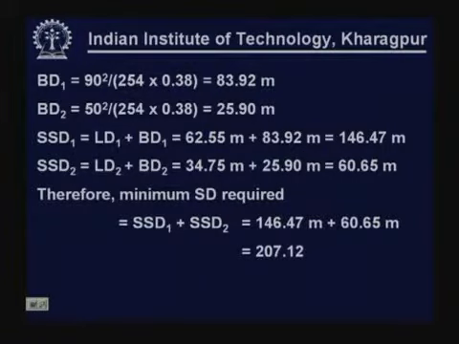So, 25.90. So, required stopping sight distance for the first vehicle is lag distance plus braking distance. Total is 146.47 meter. For the second vehicle, required SSD can be calculated in the similar manner, lag distance plus braking distance, and total is 60.65.